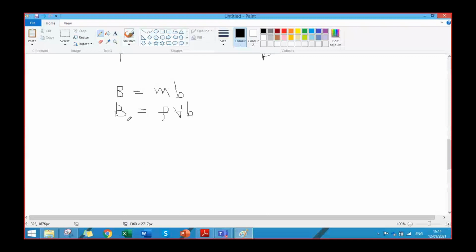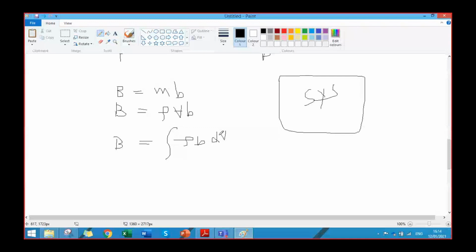If I talk about B as a property of a small unit volume, and then we say it is the property of the whole system, what I will do is sum all the B's over the whole system, right? I can write that B would be the integration of rho b with respect to the volume over the whole system, if it is a system property.